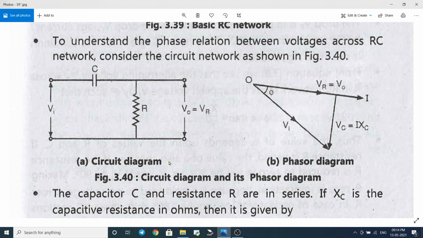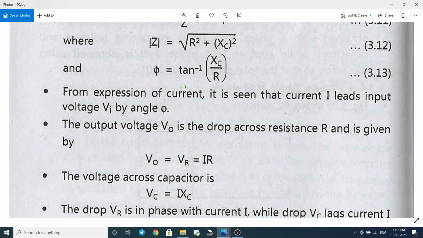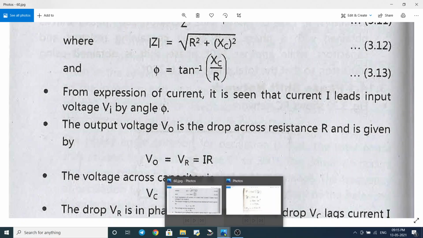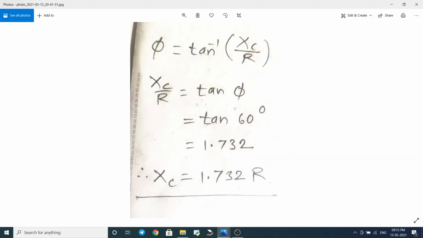So we should select the values of R and C so as to get the phase shift of 60 degrees. We have phi equals tan inverse XC by R. So if we take phi equals tan inverse XC by R, we can write XC by R equals tan of phi.